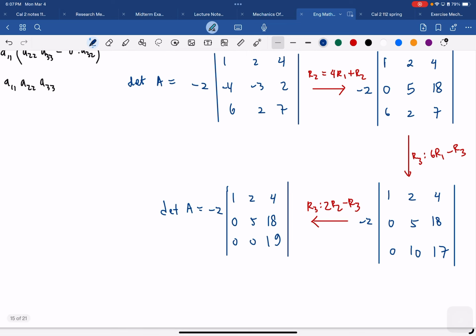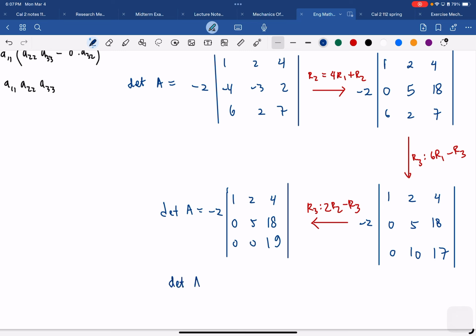So determinant A is negative 2, and then we compute this. And since this is a triangular matrix, lower triangular, we can just multiply 1, 5, and 19 to get the determinant. It's negative 10, 19, negative 190, right? Okay.